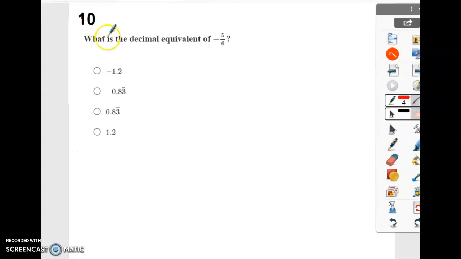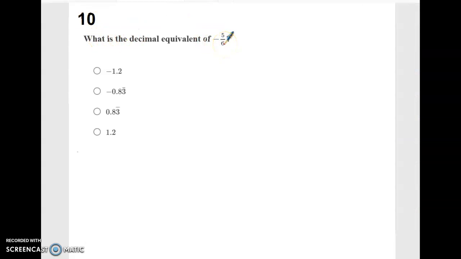Number 10, what is the decimal equivalent to negative 5/6? You can put this in your calculator as negative 5 divided by 6. And you're going to get negative 0.83 repeating.